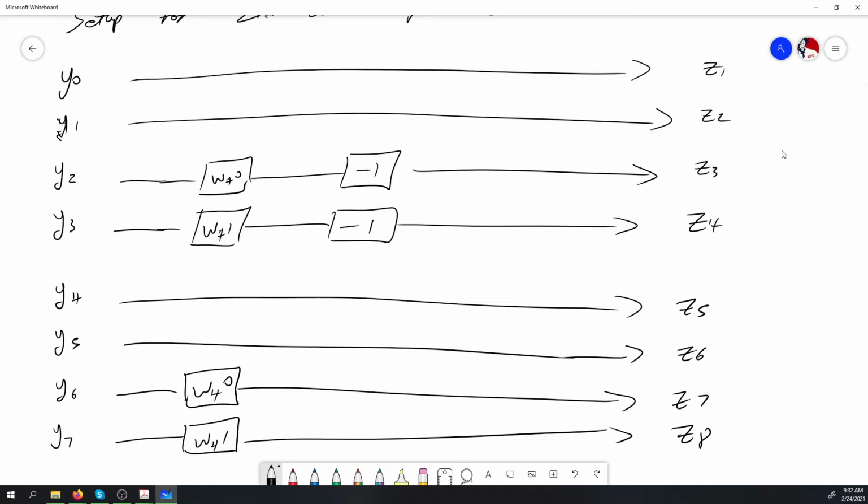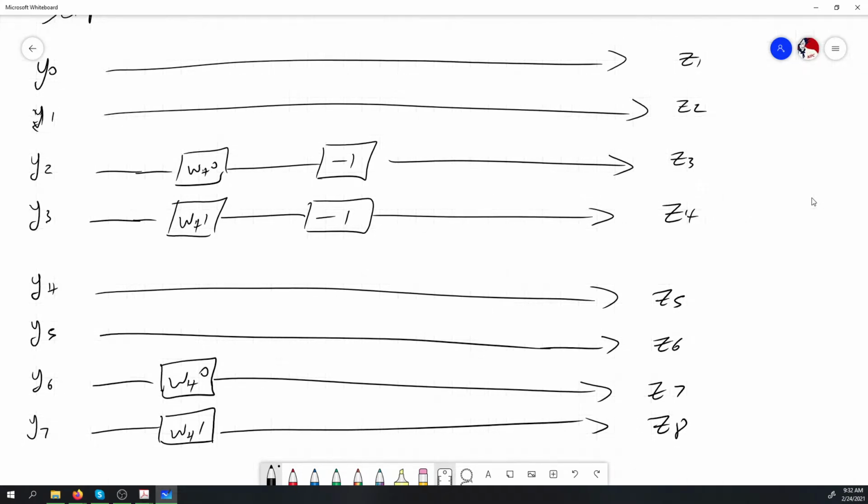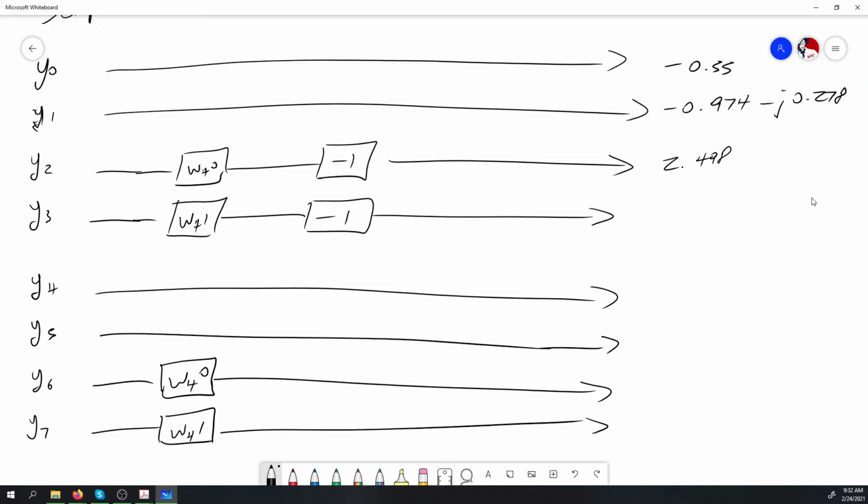And just for my ease, instead of putting these Z's here, I'm just going to put what each one of these is here immediately. I'm just going to rub these off here, because you've seen the illustration for what the outputs are going to be. So those Z1 to Z8 values we just calculated are going to be the output of the second decimation stage. So this one here is going to be 0.55. This one is minus 0.974 minus j into 0.278. This was 2.498.